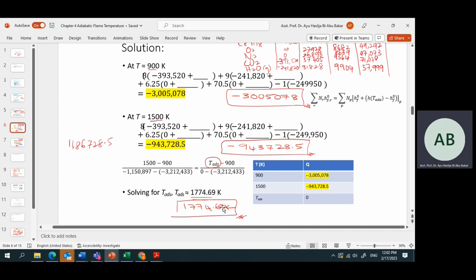And the T adiabatic as well, as long as it is in the range. This T adiabatic depends on the temperature that you choose. This one is based on 900 and 1500. If you choose other temperatures, you will get a slightly different T adiabatic.